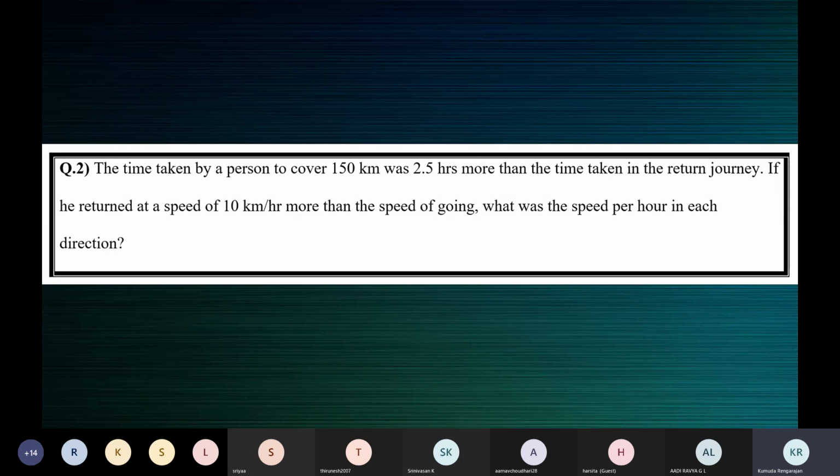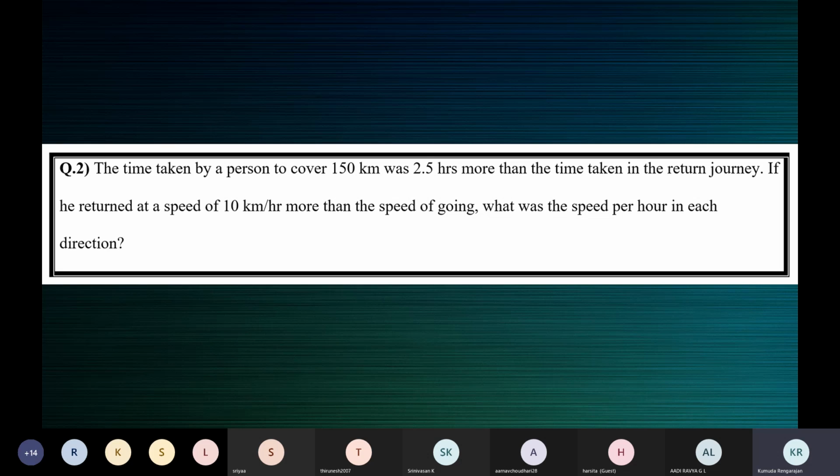So where does he take more time? Where does he take less time? Is it in the onward journey or the return journey? Onward journey, yes. In the onward journey, he takes 2.5 hours more.